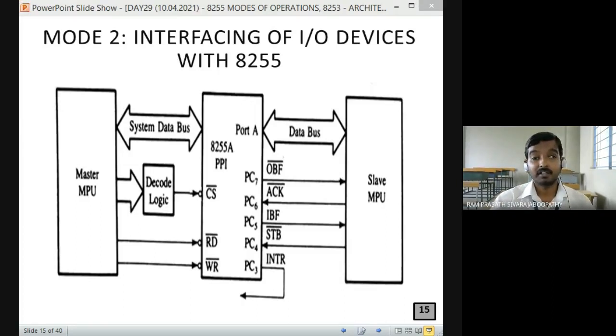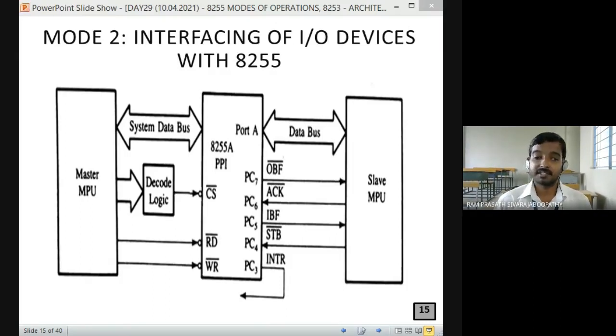Bidirectional means what? See, what did we say in our discussion so far? Port A, yes, very good.